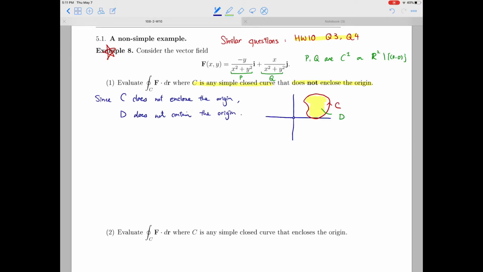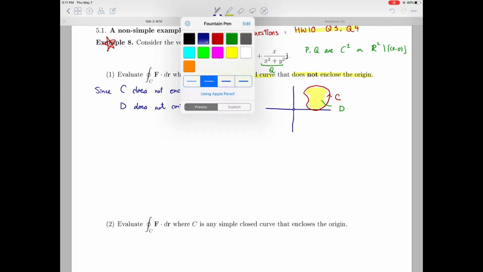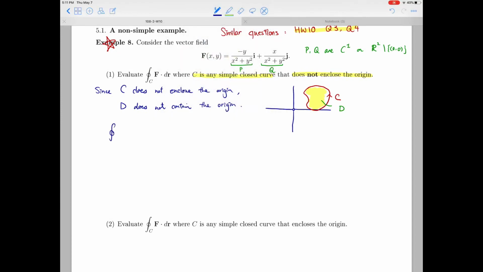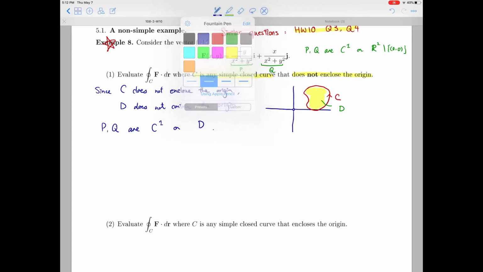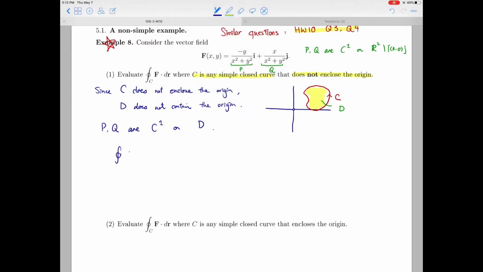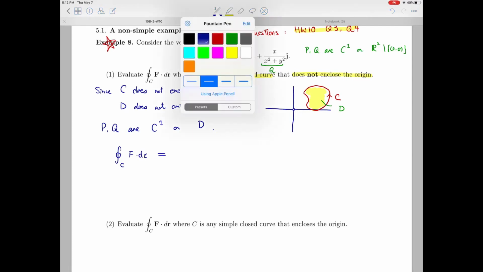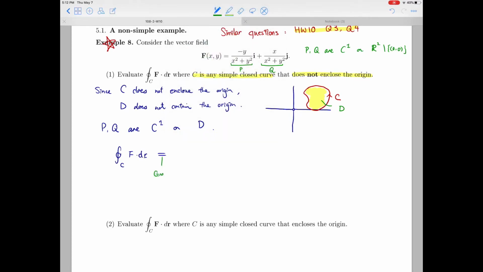With this really tautology, it means that it's really the same thing spoken in a different way. Okay, but the key thing is then, in particular, that means that P and Q, because D does not contain the origin, P and Q are C1 on D. So therefore, you can apply Green's theorem. Okay, you can apply the usual Green's theorem.